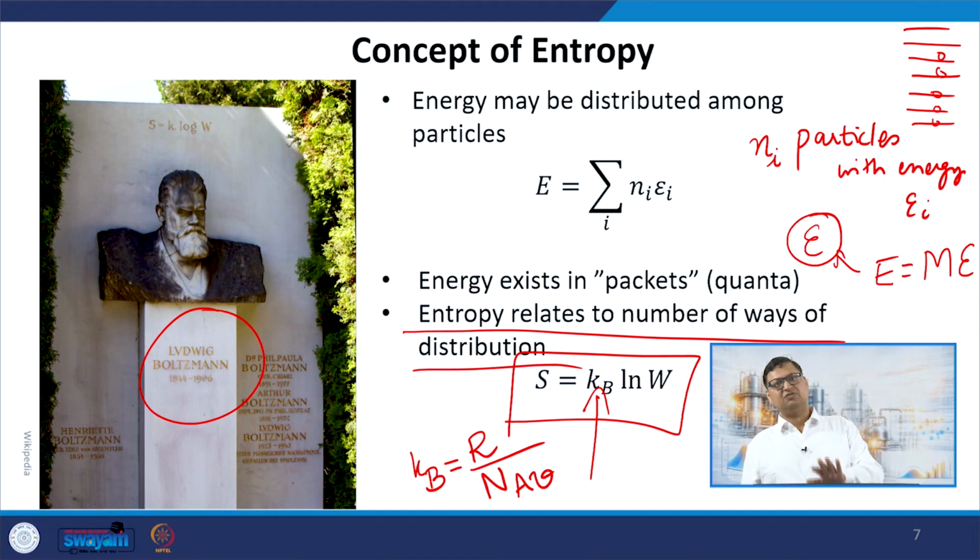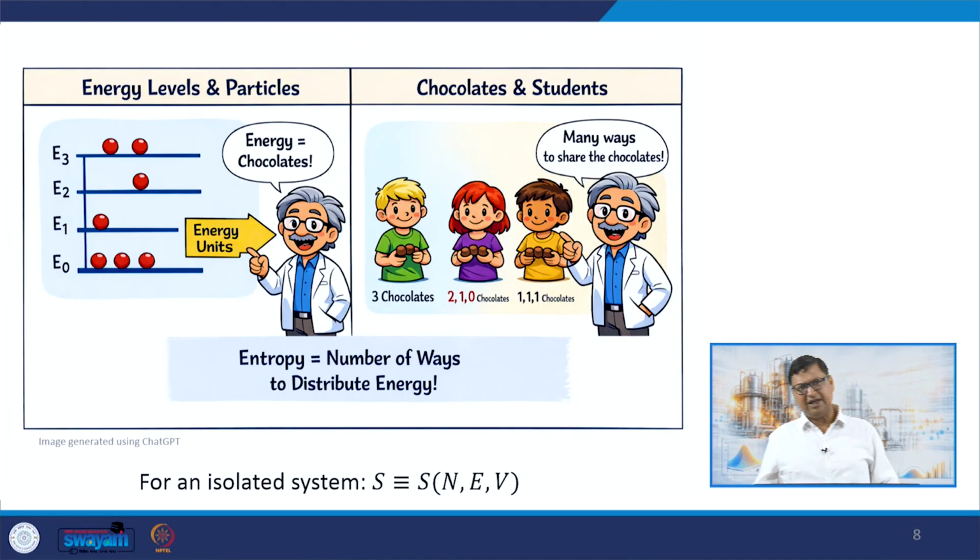There is a reason why S is written as ln of this W, and you can look it up, but you will see in the coming lectures and this lecture how this idea of entropy is useful. Okay, so before I go further, let me put across this point with a simple example.